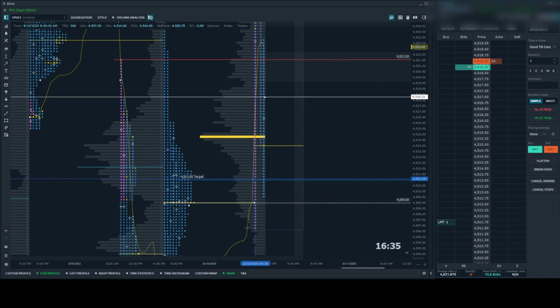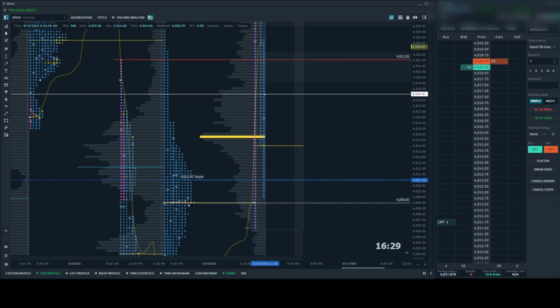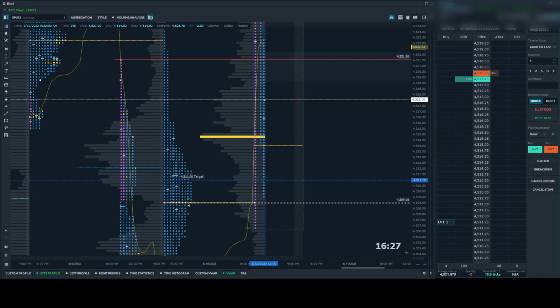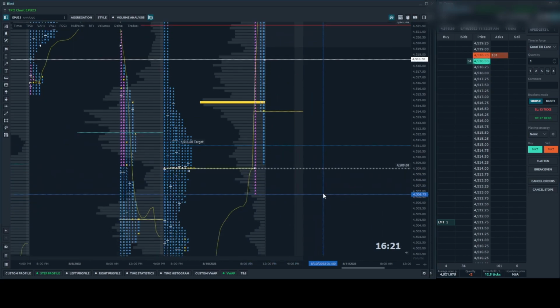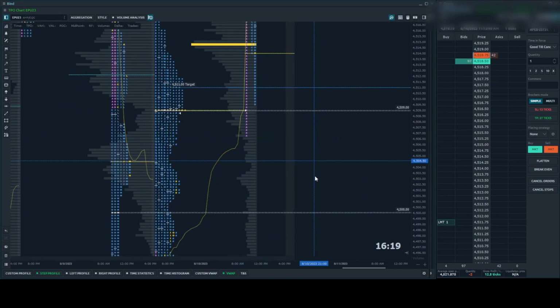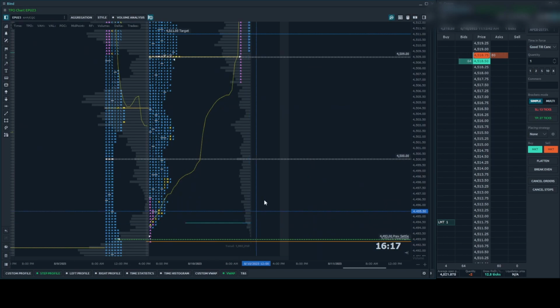Now let's see if we get down in this area, see what kind of action we get. If it just barely makes its way down here, it might take one here again. Or if it's really pushing, see if we can take both of them all the way to the POC or some of these levels.